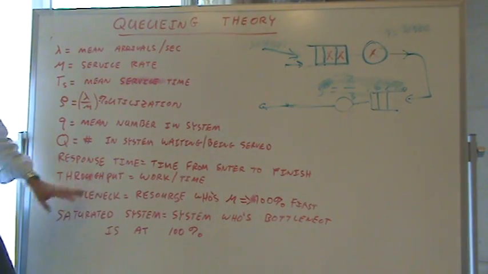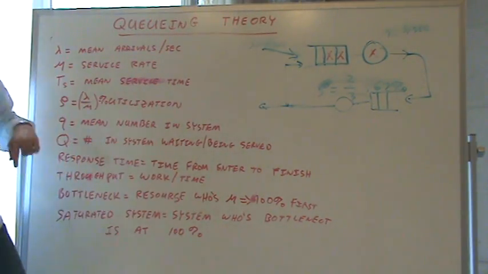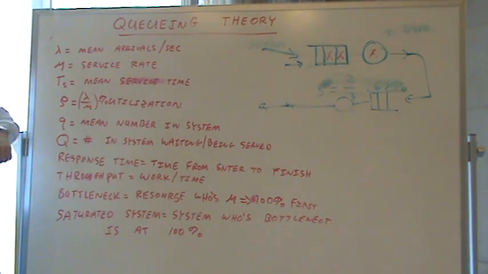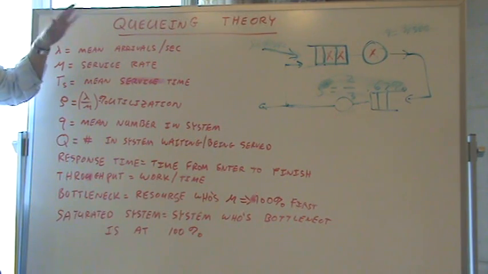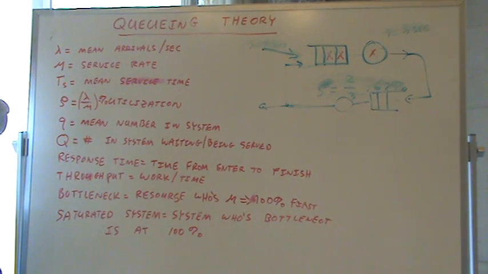If the bottleneck device has hit 100%, we cannot add any more processes to the system, otherwise that bottleneck queue will expand off to infinity. When the bottleneck device is 100% saturated, we say that the system is saturated.